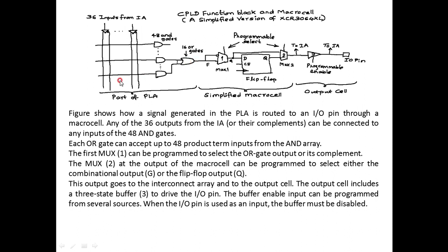This is part of the PLA, where the AND array and OR array are shown. Then this is part of, we can say, the function block. There will be 36 inputs coming from the interconnect array, which contains 48 AND gates. So 48 product terms can be formed, and there will be 16 OR gates.